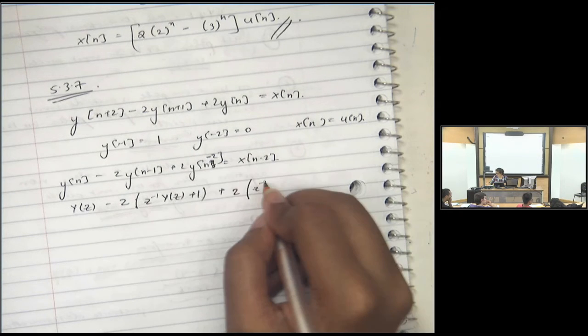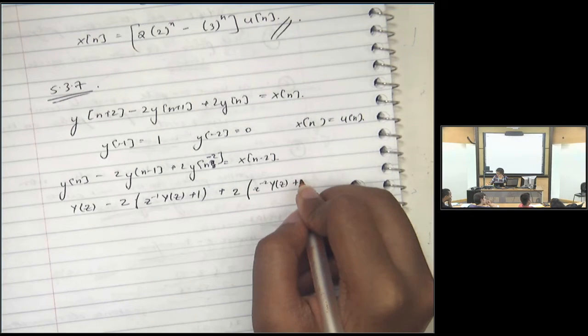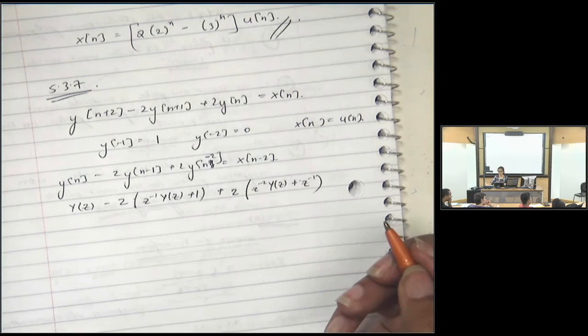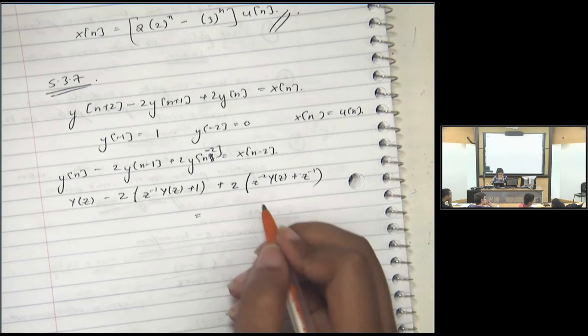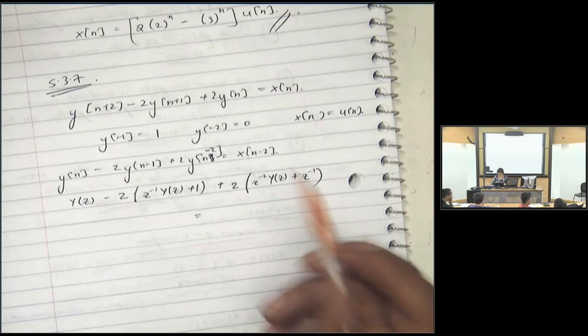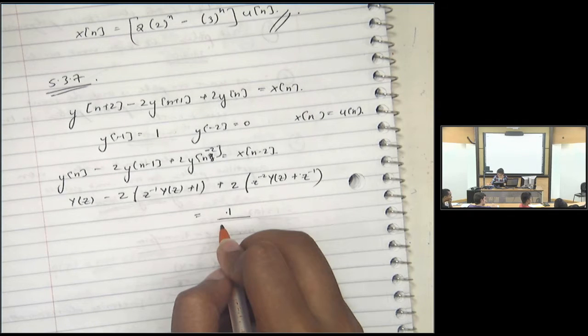So Z raised to minus 2, Y of Z, again, correct. That's it, because this condition is 0. And then just the Z transform of u of n minus 2, which we get to be 1 over Z minus 1.